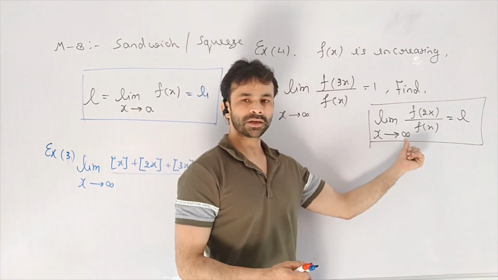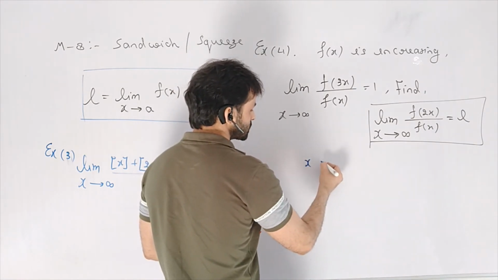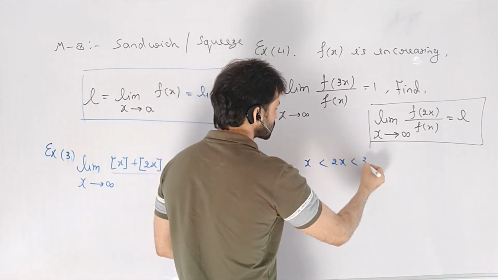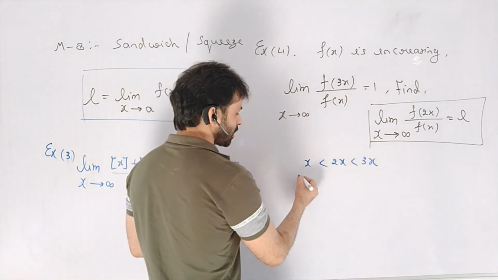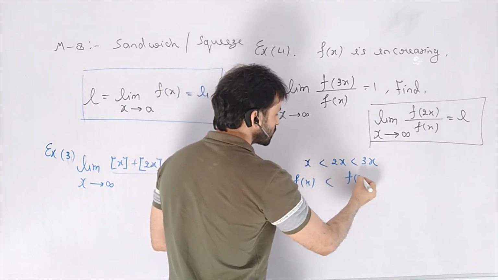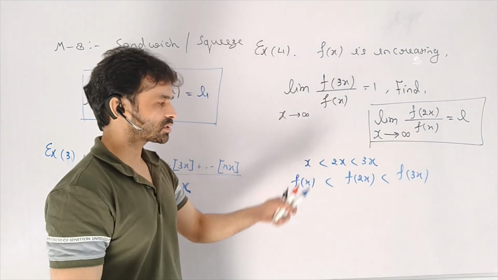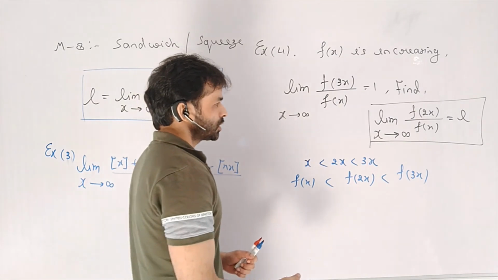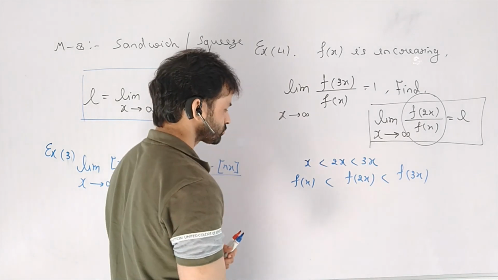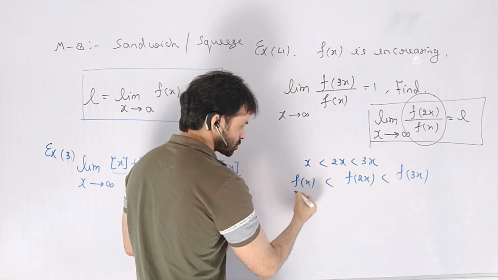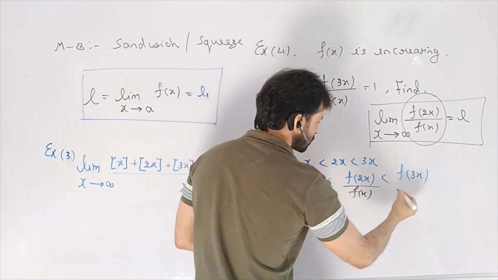x is tending to infinity means x is positive, so x is less than 2x, less than 3x, and f(x) is an increasing function, so f(x) is less than f(2x), less than f(3x). We have to find the limit of this function. So we'll divide by f(x), divided by f(x), divided by f(x).